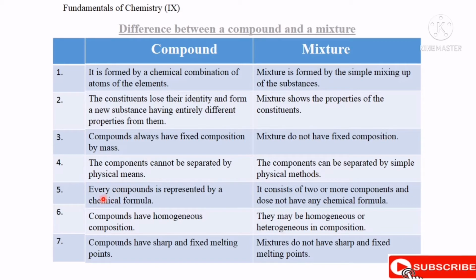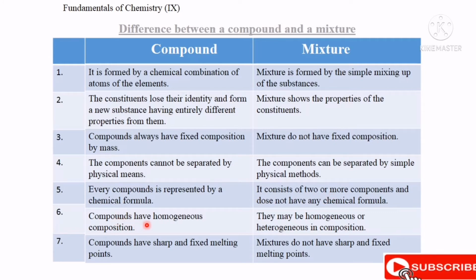And every compound is represented by a chemical formula. A compound is represented by a chemical formula, whereas in a mixture there is no chemical change, so it consists of two or more components that are physically mixed and does not have any chemical formula.